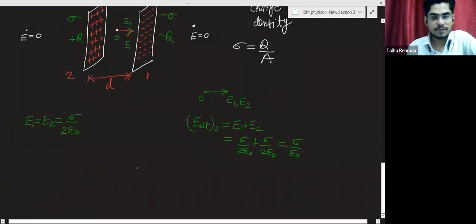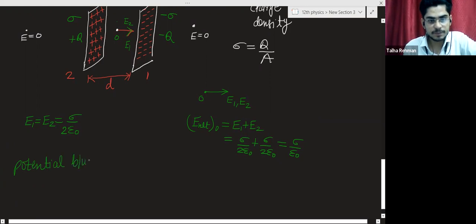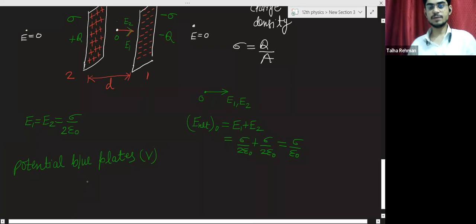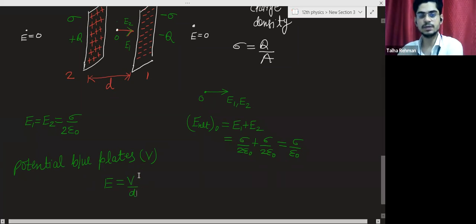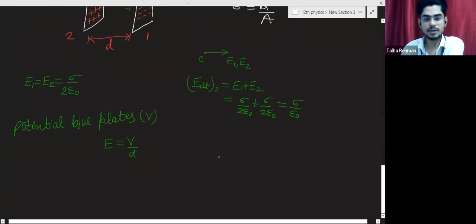And we have a formula of potential between plates, that is V. We have the relation between the electric field and potential, like electric field is equal to potential by D. Okay, electric field is equal to potential by D. You can compare from here, E is equal to minus dV by dr. So this is the form of this.